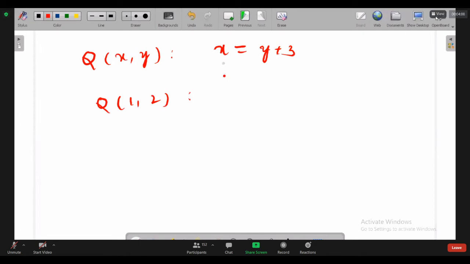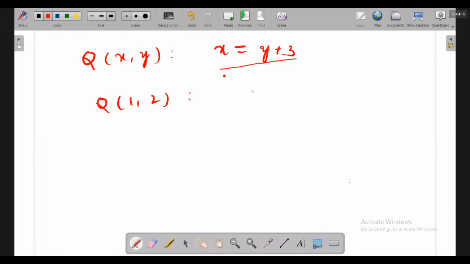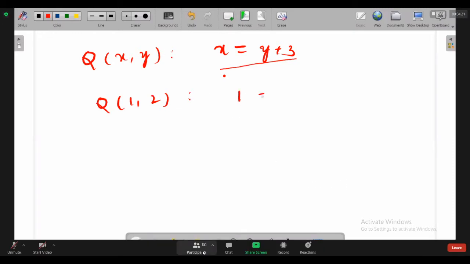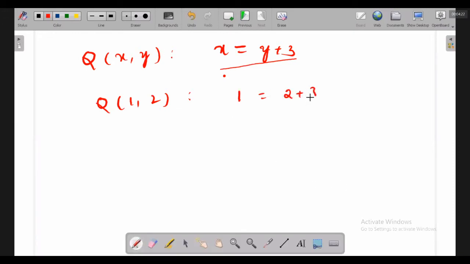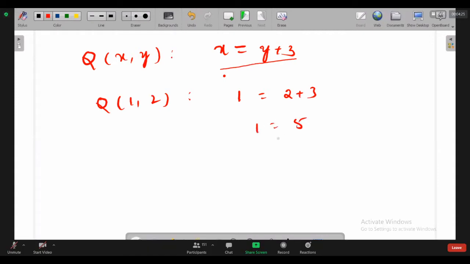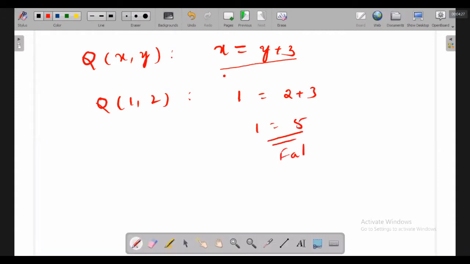Substitute 1 in place of x and 2 in place of y. So x is equal to 1, y is equal to 2. Then 1 is equal to 5, which is false. So Q of 1, 2 is false.